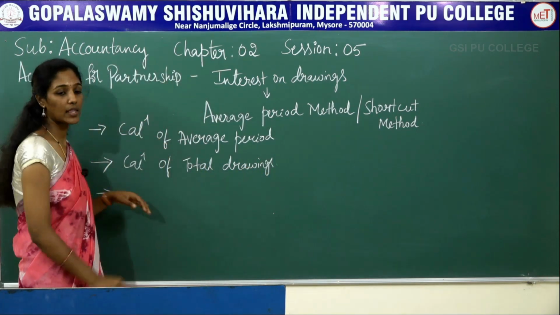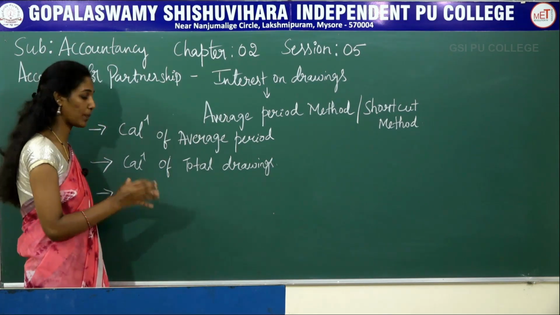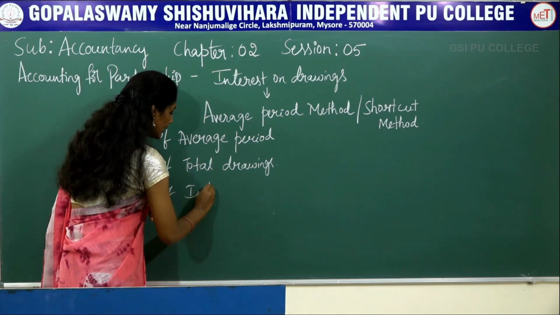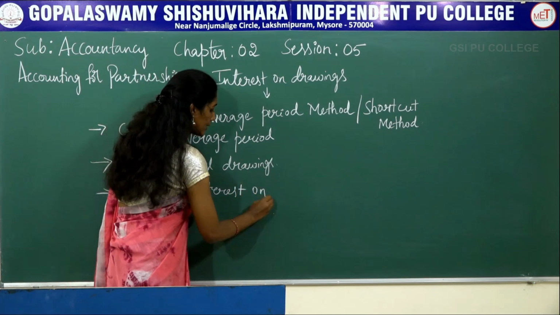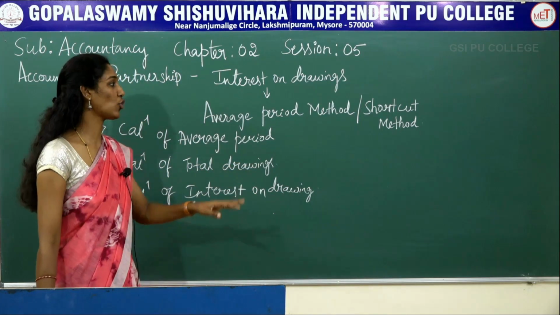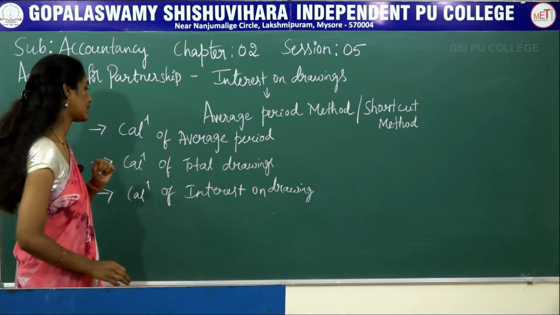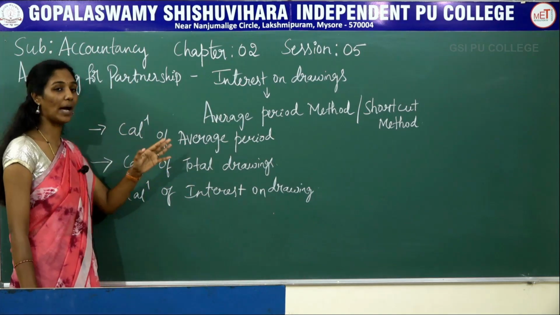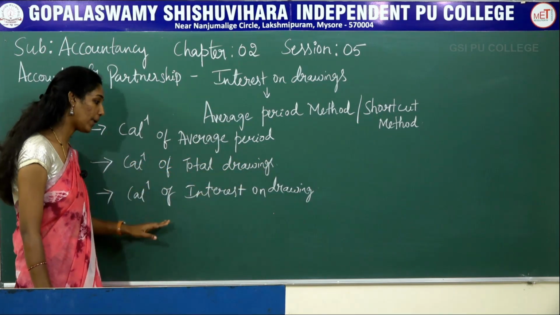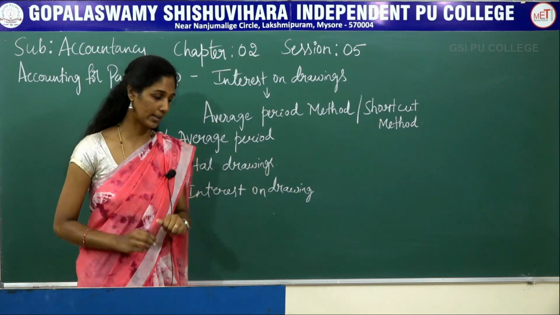And finally, you have to calculate interest on drawings by using the average period method. So first find out the average period, then find out the total drawings, then apply the formula of average period for charging interest on partner's drawings.